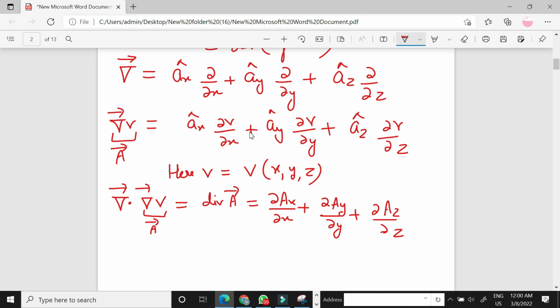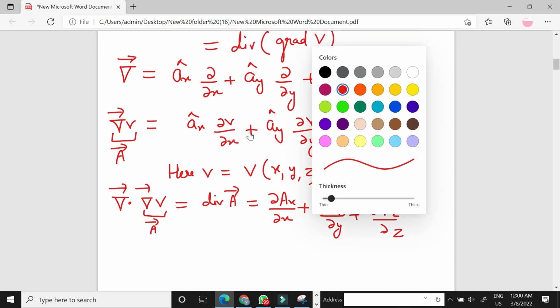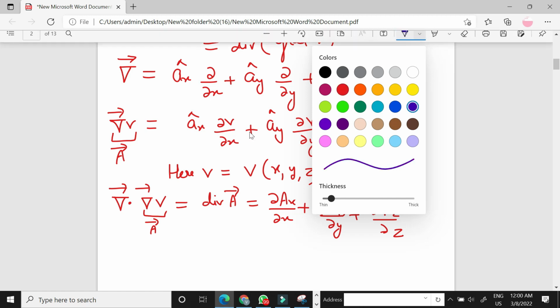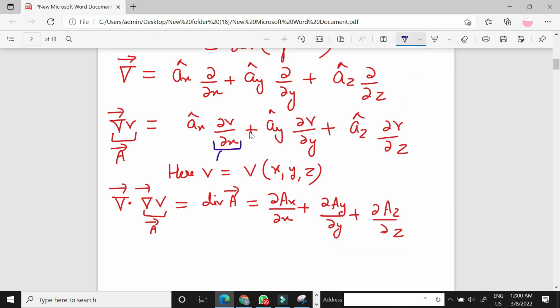If this is a vector, then it becomes Ax, it becomes Ay, and it becomes Az.